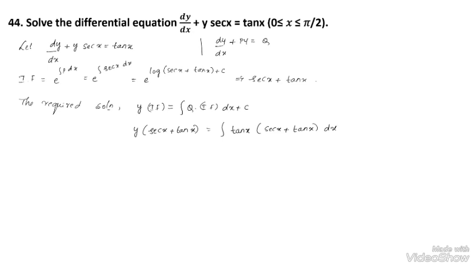Then y times sec x plus tan x is equal to integration of tan x sec x dx plus integration of tan square x dx.